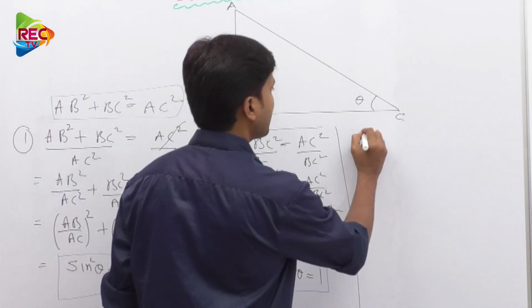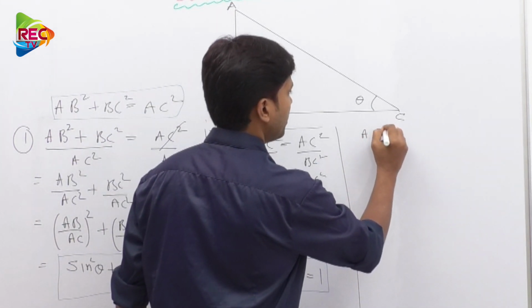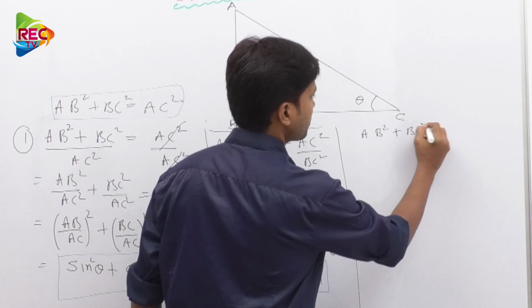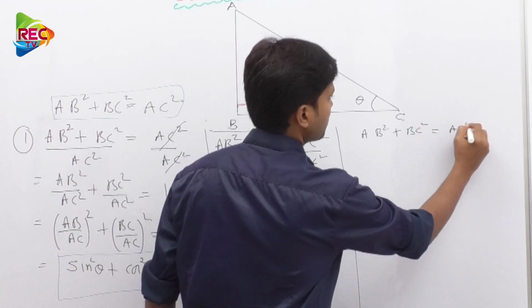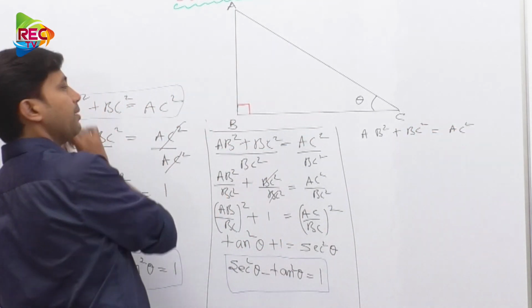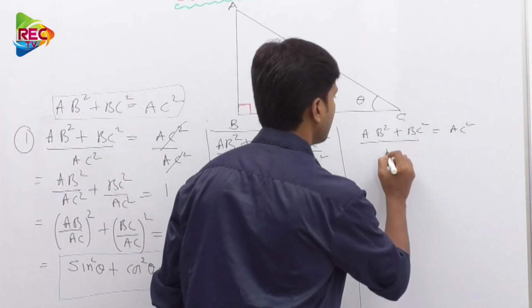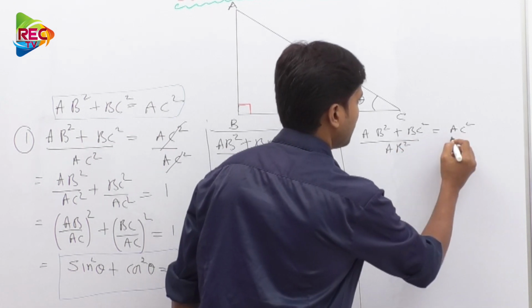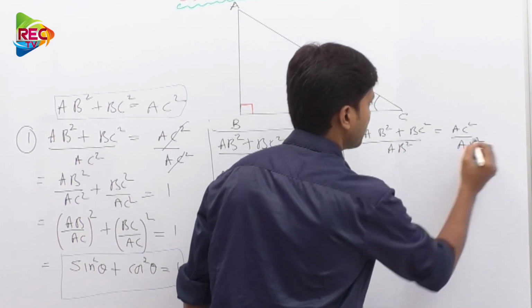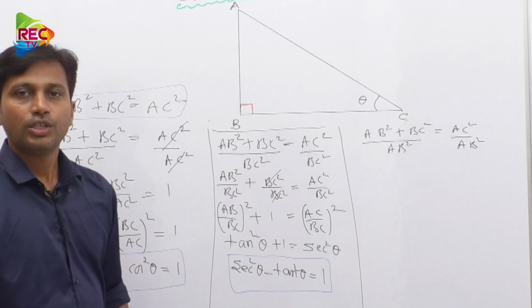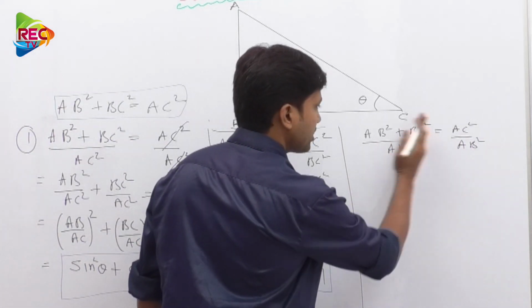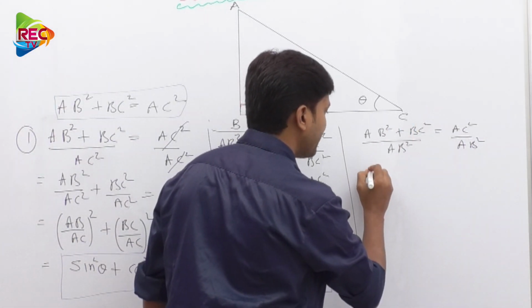See here, once again we are writing this AB square plus BC square equal to AC square. Now what remains here? AB square. So let us do the division with AB square on both sides. Just see here, AB square, and here also AB square, right? So on separating the fractions, what do we get?